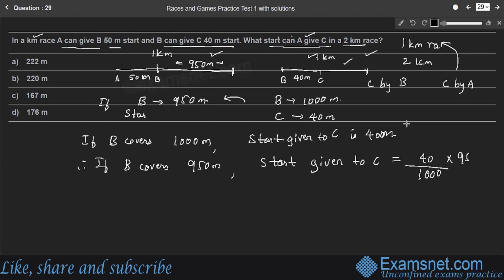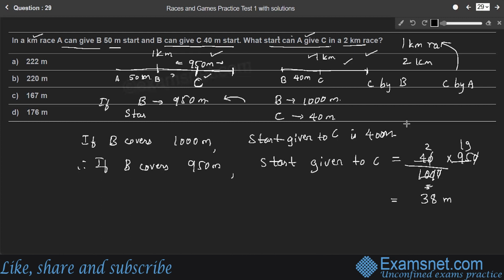If B is covering 950 meter, what is the start? So can cancel 0, 0, 0, 0. So 2 into 2, 2 into 5 and 5 into 19. So 38 meters start will be given to C. So in first case, if B is covering 950 meter, position of C will be here, which I am showing here.